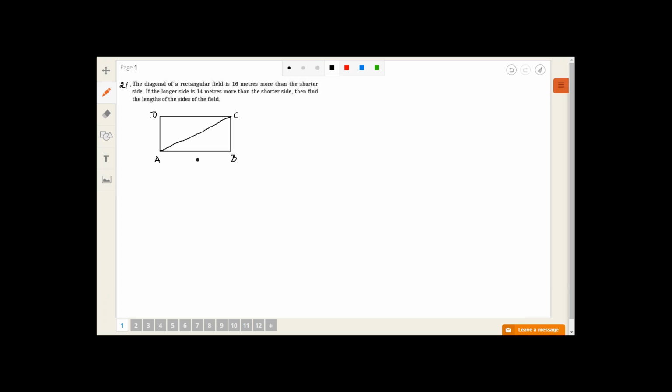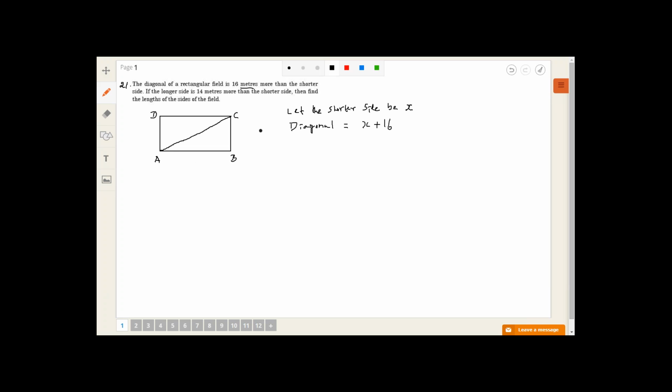Now it says the diagonal of the rectangular field is 16 meters more than the shorter side. So let the shorter side be X. So the diagonal will be X plus 16 because it says 16 meters more than the shorter side.